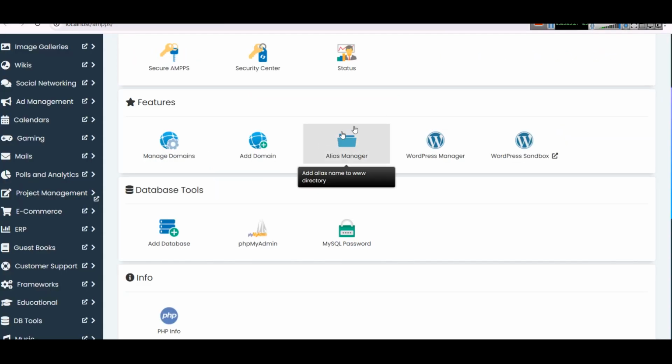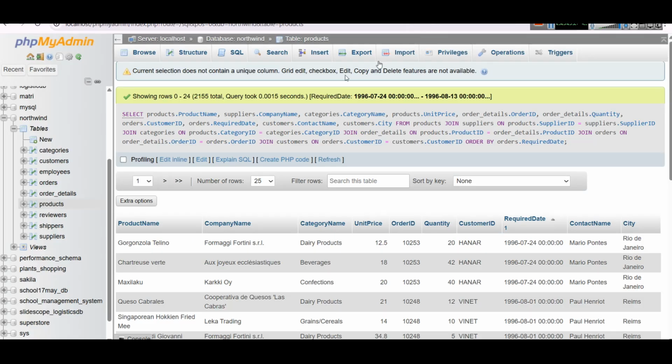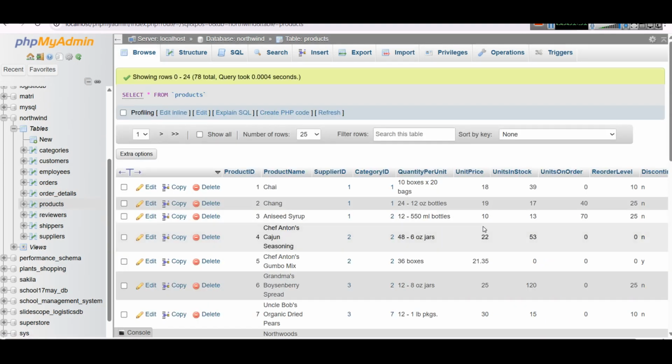In our database, we will go to the very basic table, which is the products table, and in the products table we can see we have the category ID. For every product we have the category ID, and for every product we have the supplier name, supplier ID and product name.